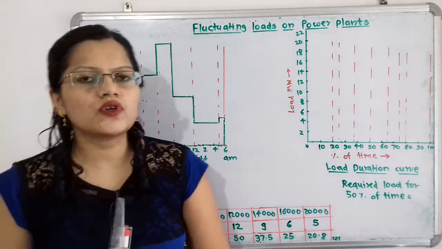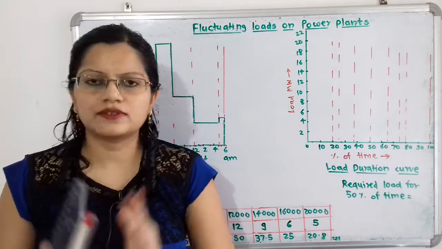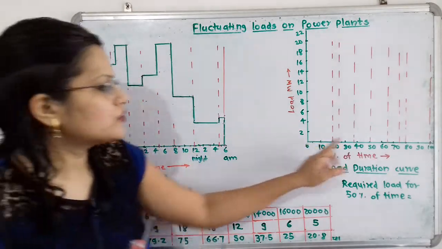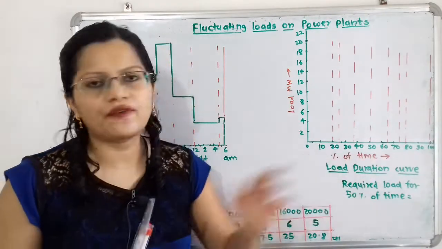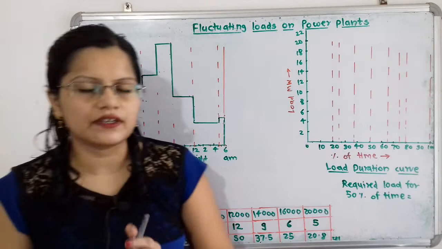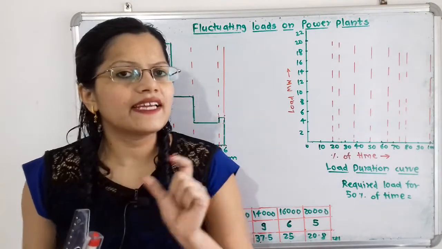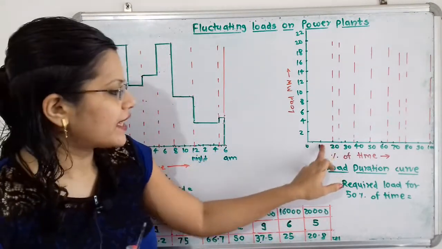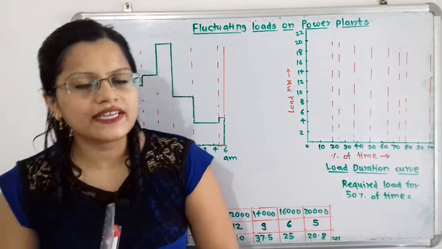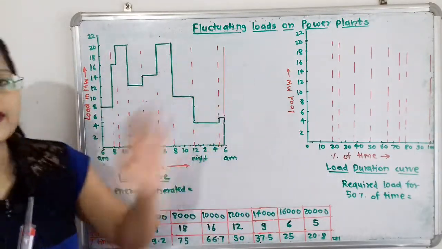Now we will move to draw the load duration curve. So how to draw that? Here we have to plot on this horizontal line the percentage of time. Now if we observe, this percentage is from 0 to 100. So we will make here 10 equal parts and we will plot 10, 20, 30 and so on up to 100. And on the vertical line we have to plot the load in megawatt.